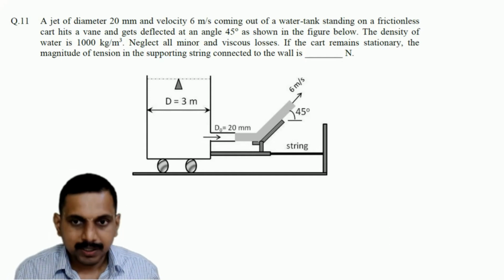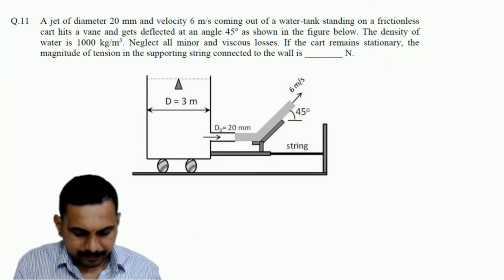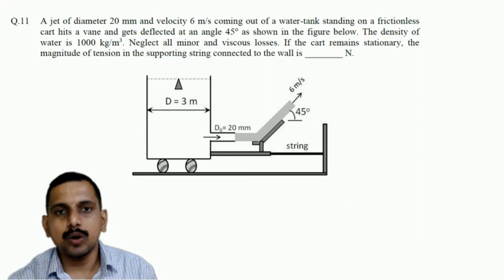Let us solve this. First of all, what we have to see is what equation we have to use. We have to use Newton's law, which is given by force is equal to m dot into delta v.